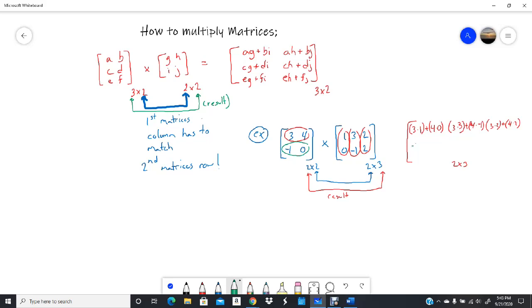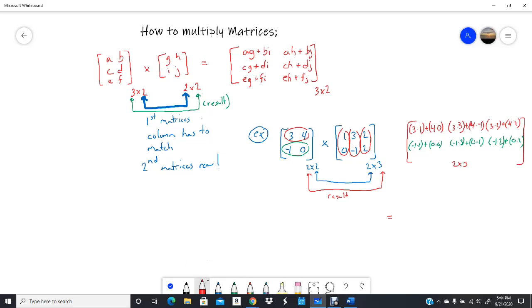So this would be -1 times 1 plus 0 times 0, -1 times 3 plus 0 times -1, and -1 times 2 plus 0 times 2. And then we just do the calculations.